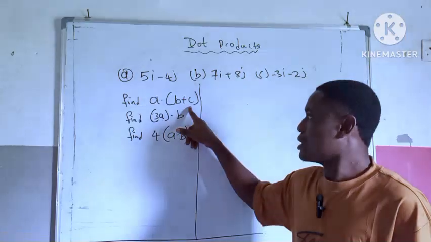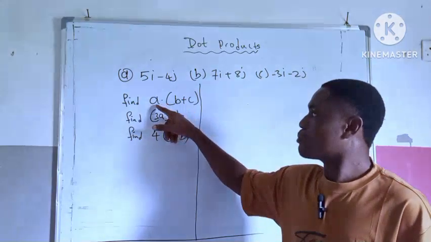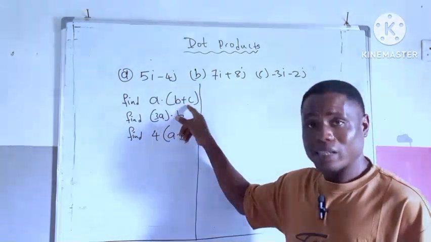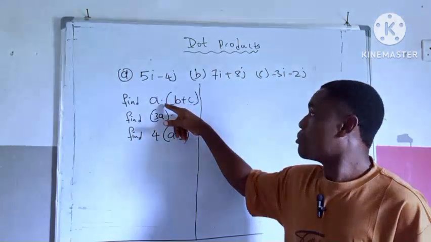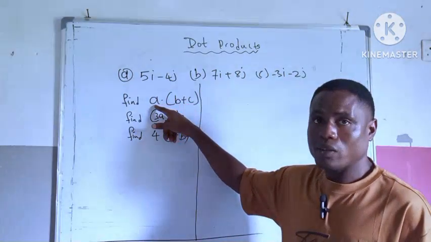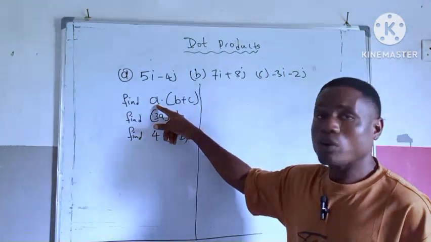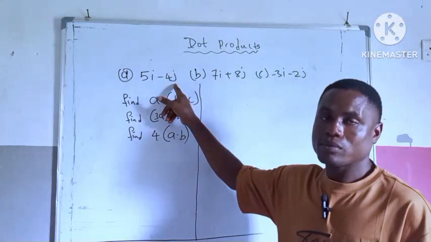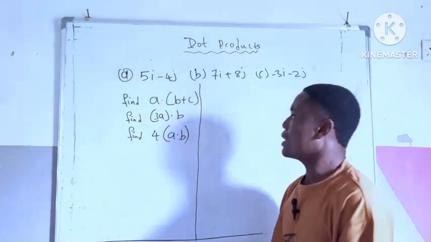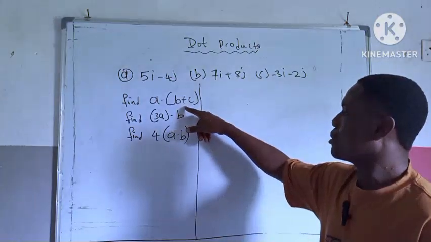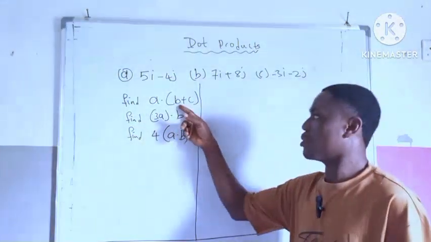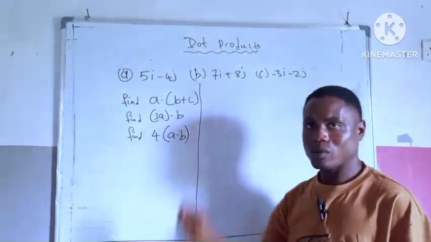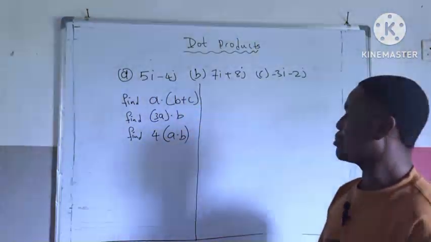Then we multiply the answer we get with a. Are you getting it? And the value of a is 5i minus 4j. So let's start from finding the addition of b and c.